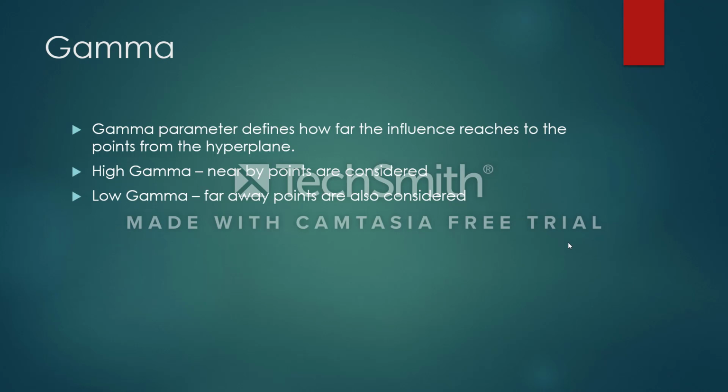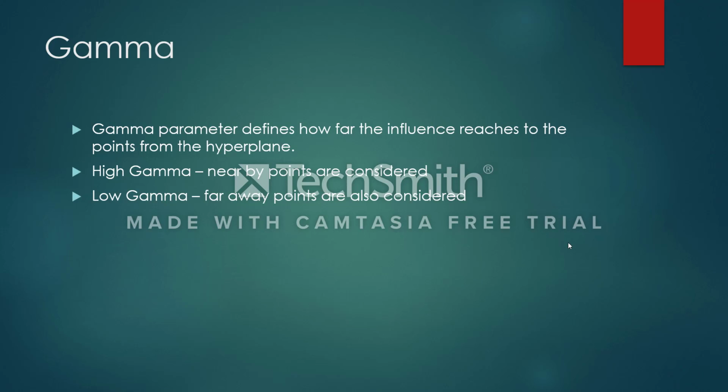And now coming to gamma. Gamma defines how far the influence reaches for the points, from the hyperparameters. As we were discussing support vectors, we talked about the influence of the points from the hyperplane. The higher the gamma, the nearer points are the only ones considered.